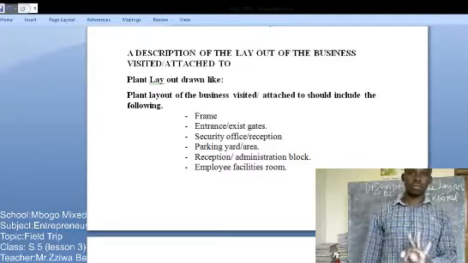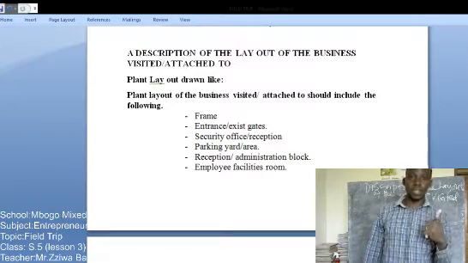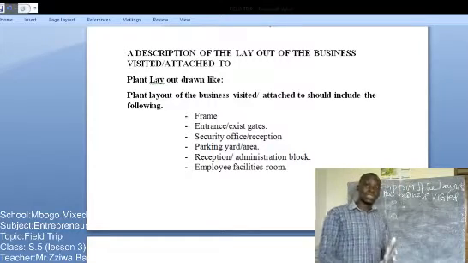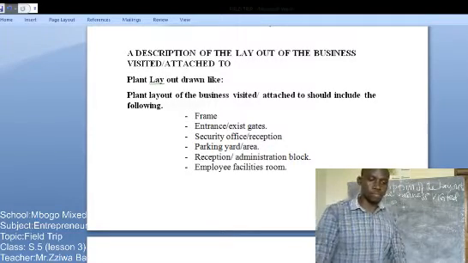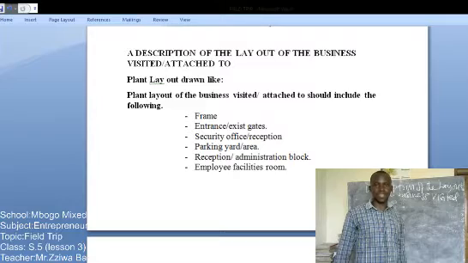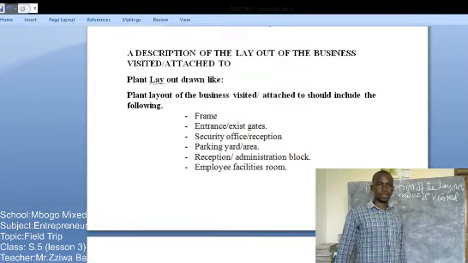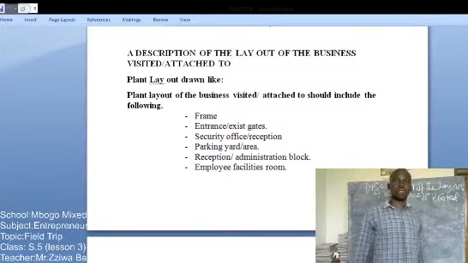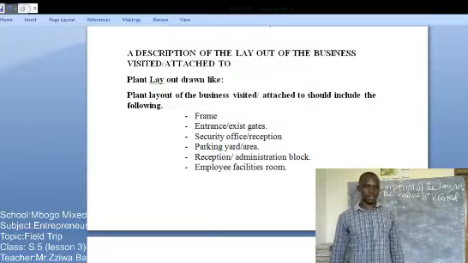There are two questions that can be generated from the layout. One, I can ask you to describe the layout of the business visited. Two, prepare the layout of the business visited.